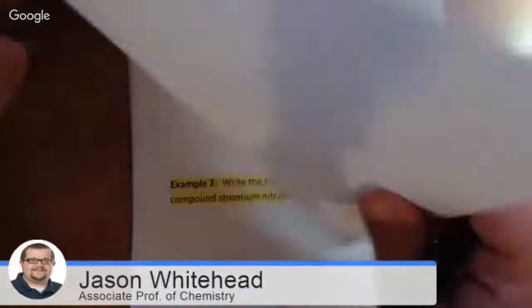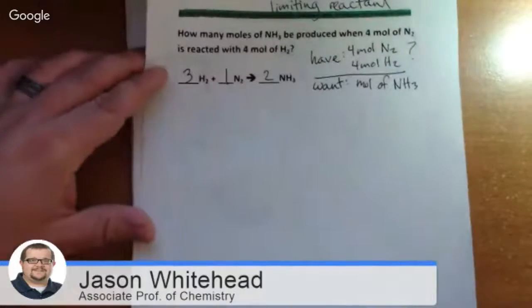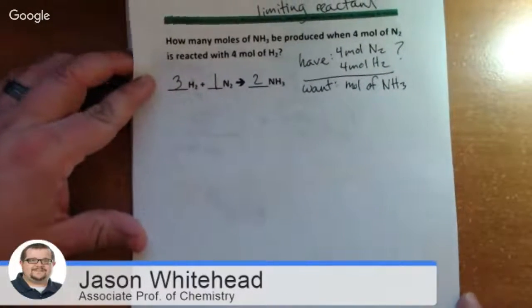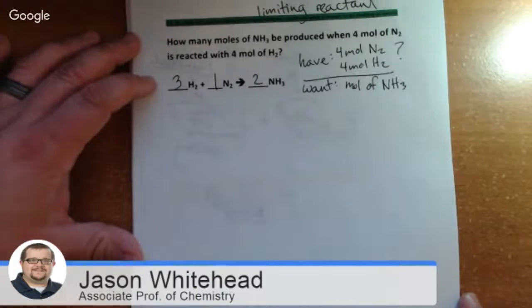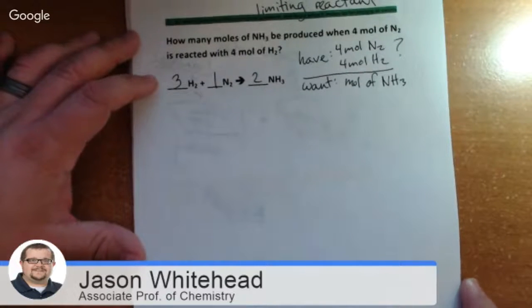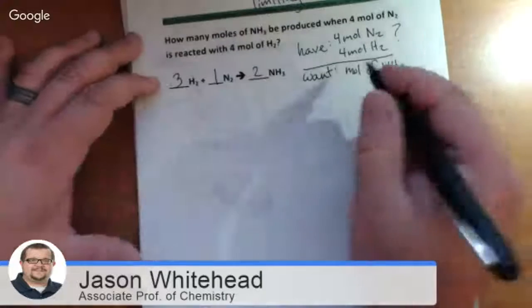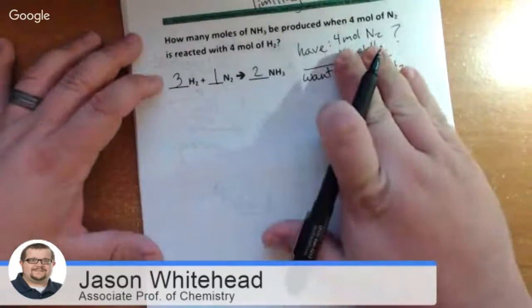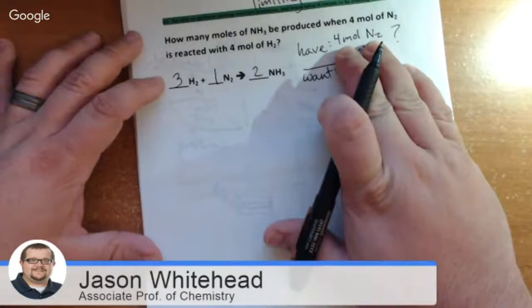Really, this problem that we're working on is grilled cheese chemistry. It's the exact same math. You guys just solved a limiting reactant problem. It just didn't have a chemical formula in it. So I'm going to ignore the fact that the H2 is present and just look at that 4 moles of N2.